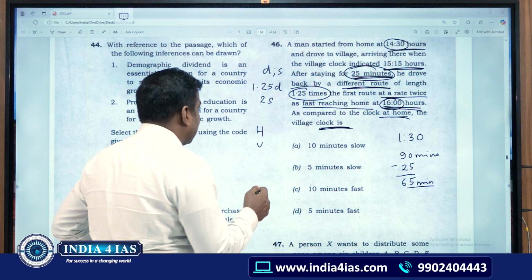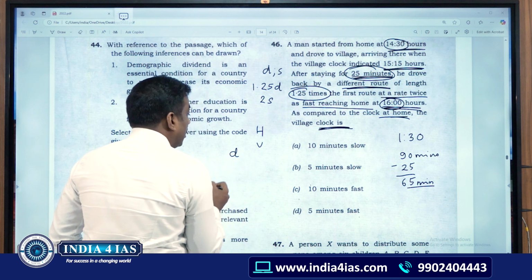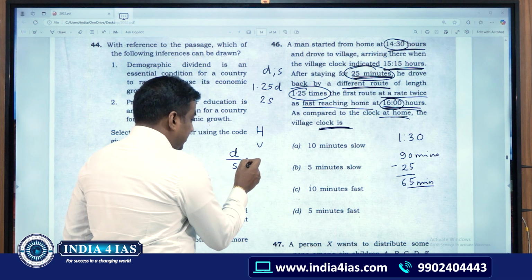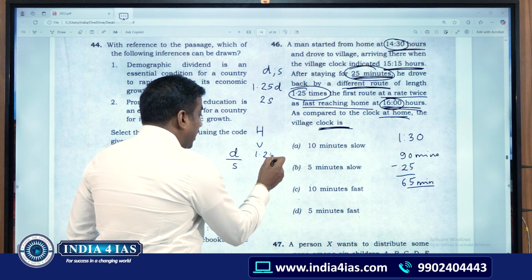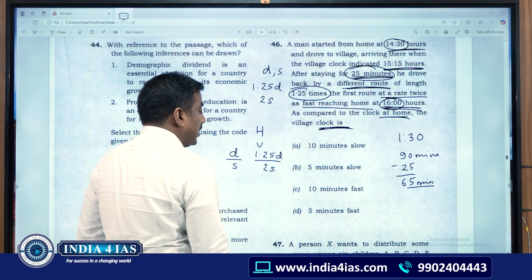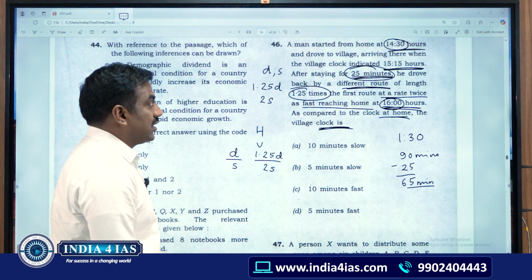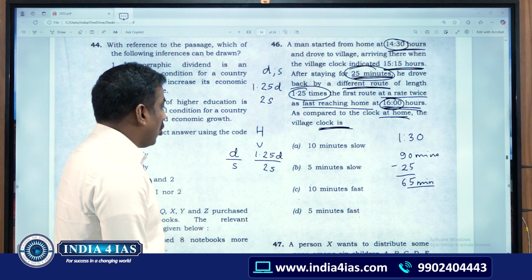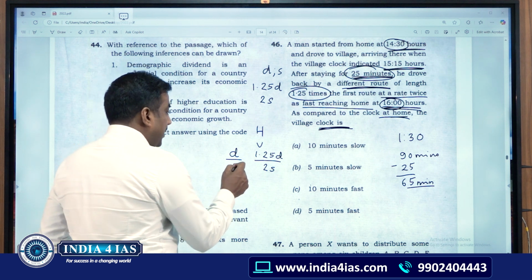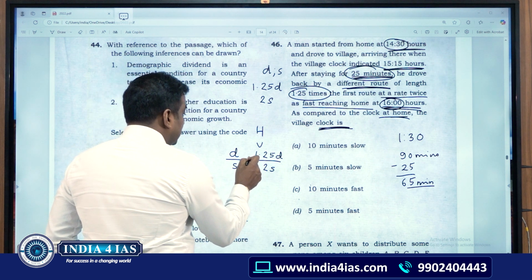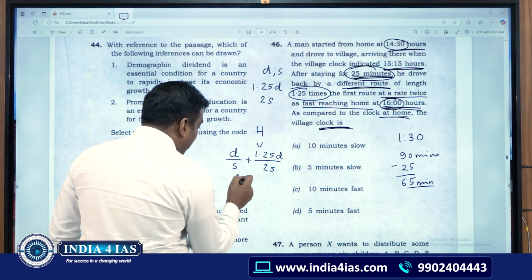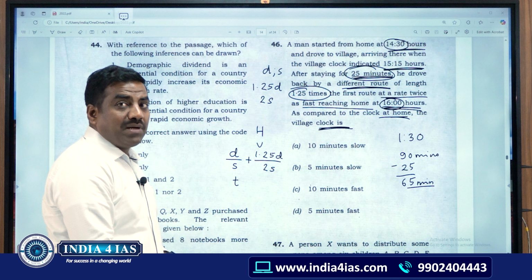But total time, this is nothing but while driving distance D, he went with speed S. Then while coming back, he drove this distance, that is a different distance, and with the speed 2 times of that. And totally he has taken 65 minutes. So if you calculate this plus this, D by S is nothing but the time taken while going.